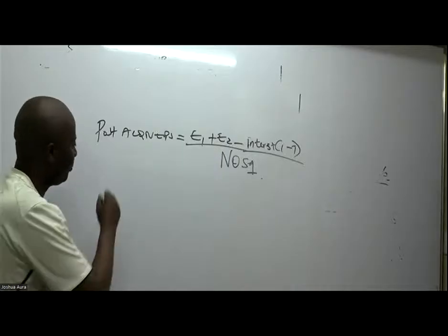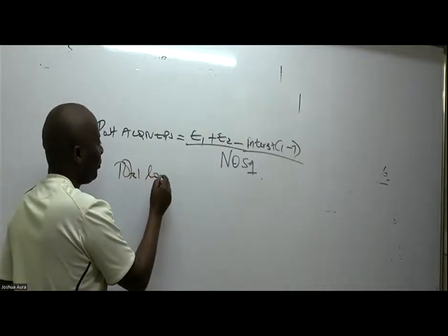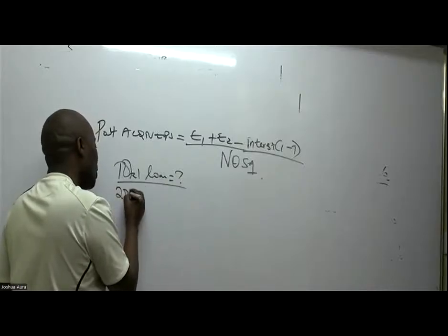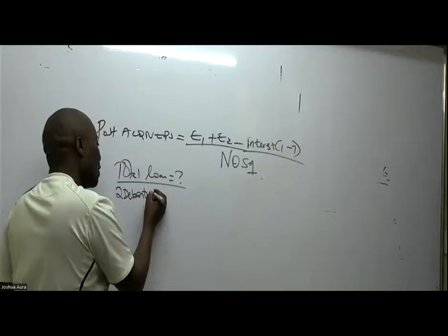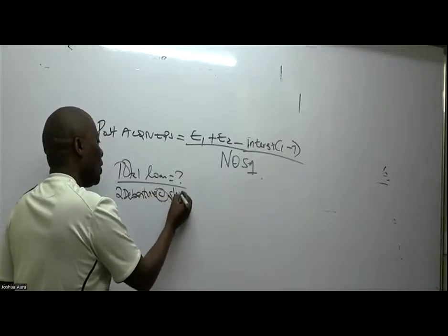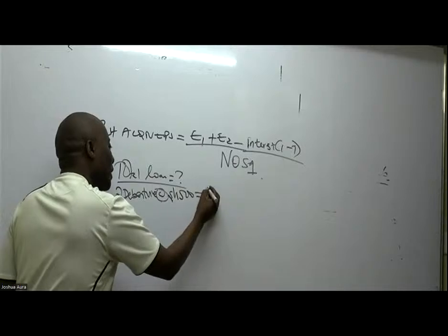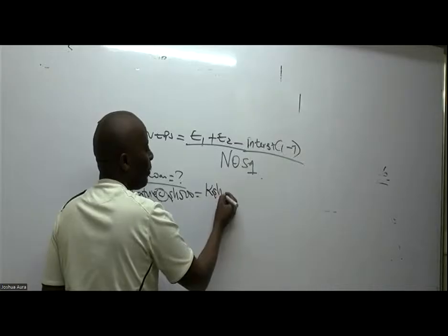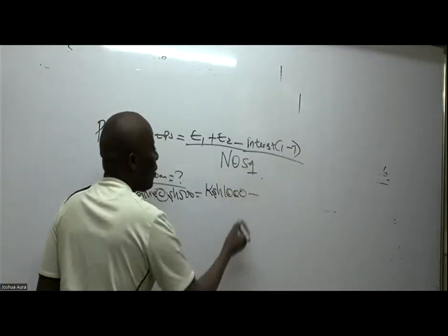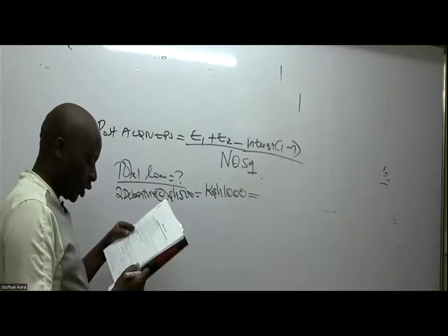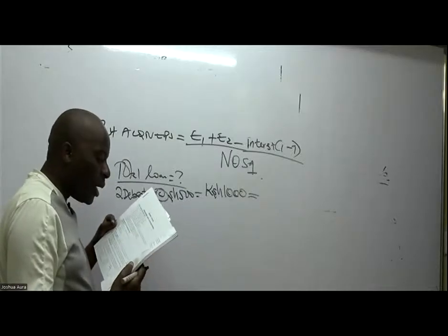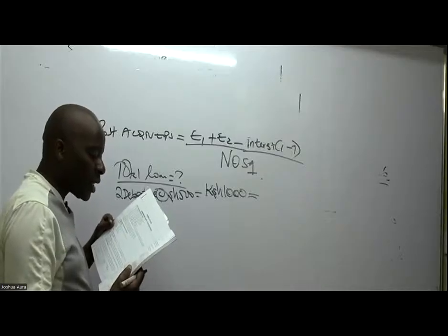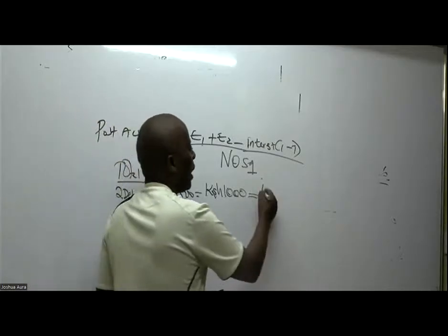From there, the total loan will be how much? We're giving them 2 debentures whose par value is shillings 500, so this is akin to giving them Kenya shillings 1,000. For every Kenya shillings 1,000 we give them, company 2 will give us 100 shares.